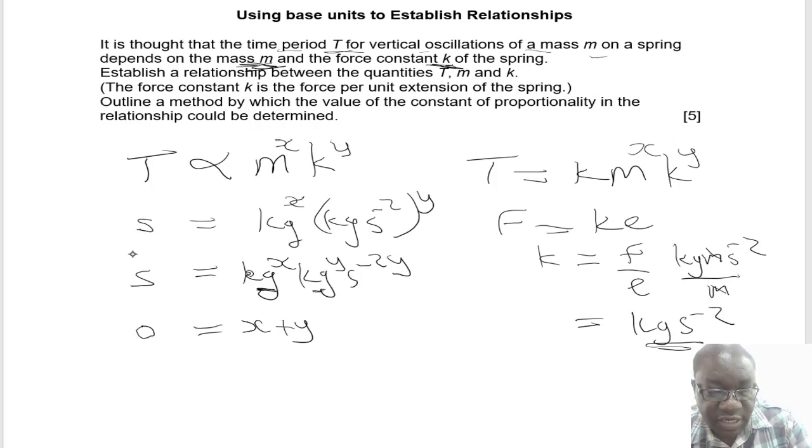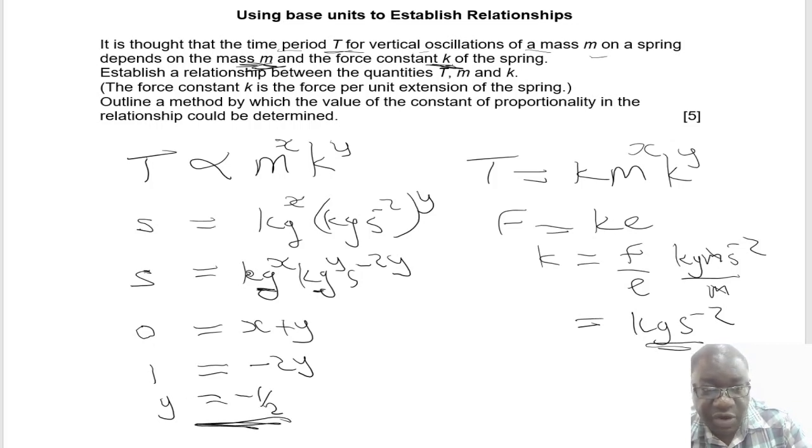So 0 on the left hand side, and x plus y on the right hand side. And then we have units of s. On the left hand side this is raised to the power 1. On the right hand side we have minus 2y, which means that y is equal to minus half.